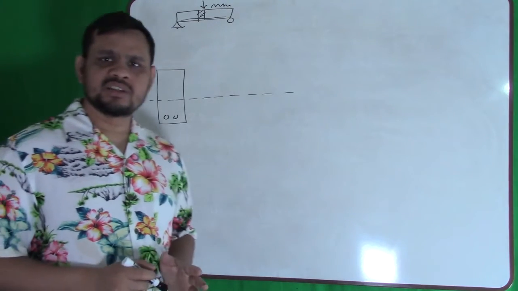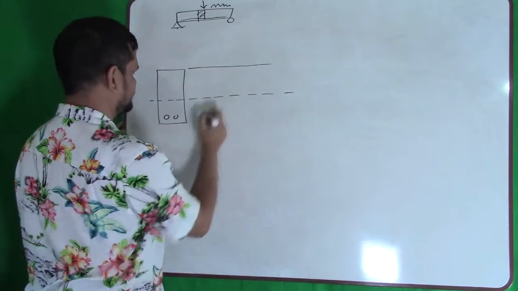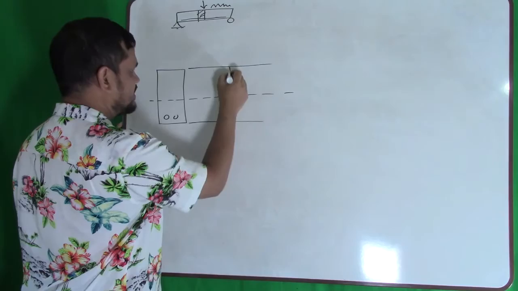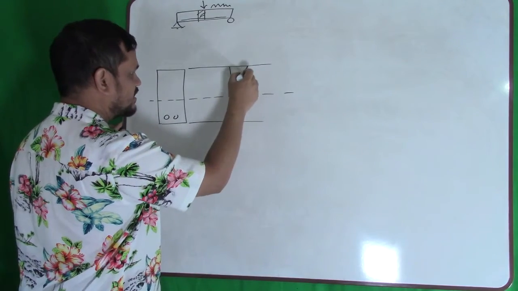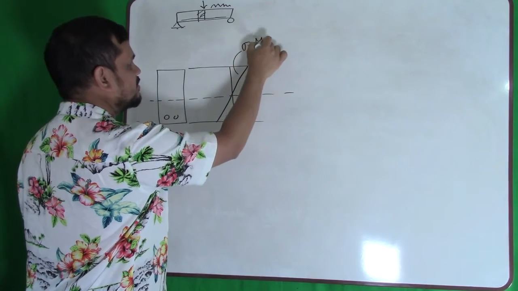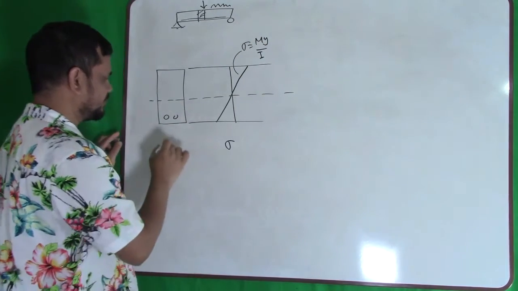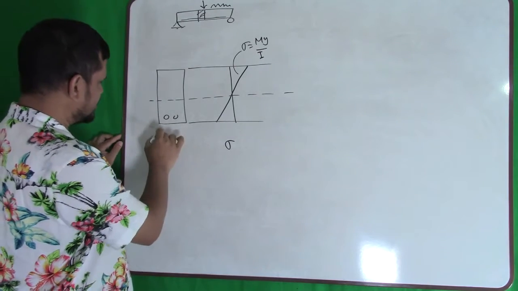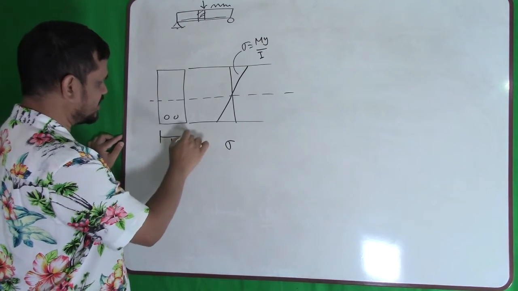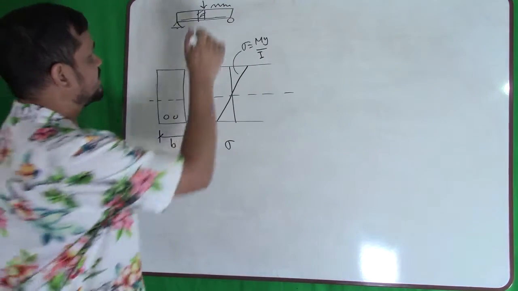Now, in strength of materials class, you learned the stress diagram. The stress is sigma equals My over I. So this is the stress diagram. Let the width of the beam be B. The width means on that side.